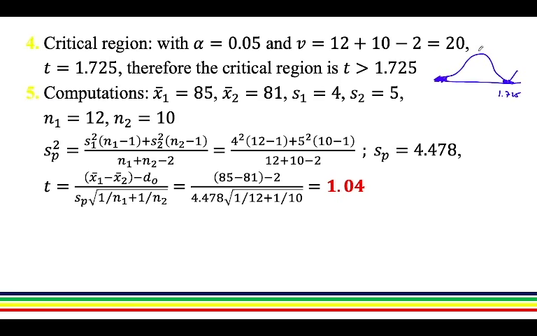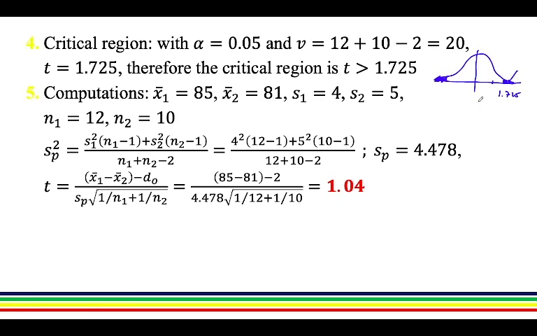Going back to the curve, 1.04 lies somewhere here, which is to the left of the shaded area, and in that case we have to accept the H0, that mu1 minus mu2 is equivalent to 2.